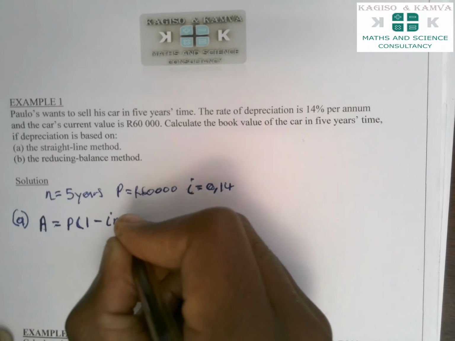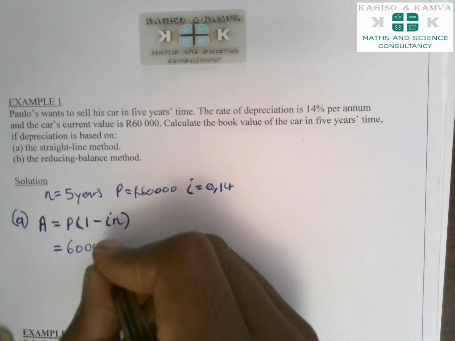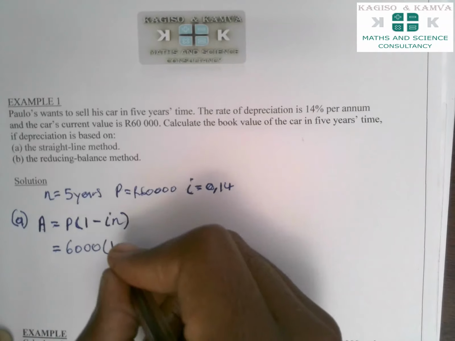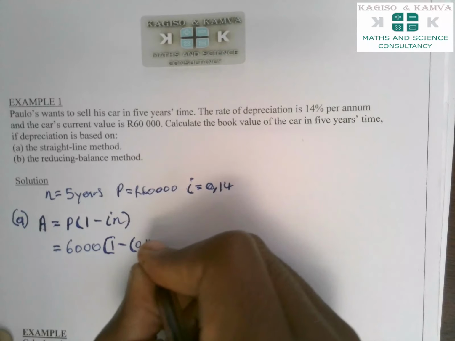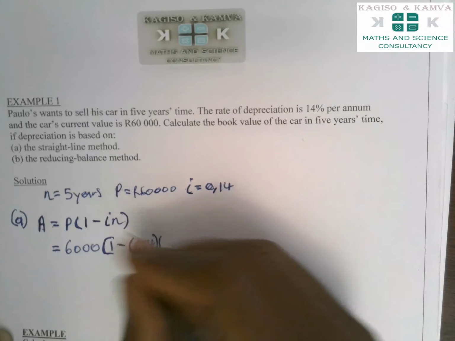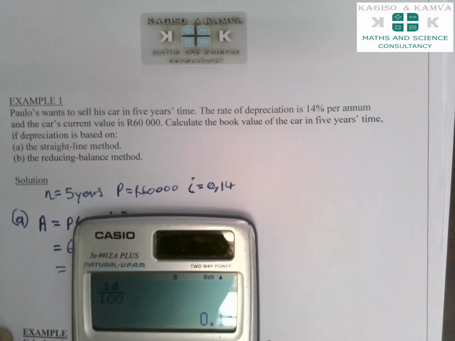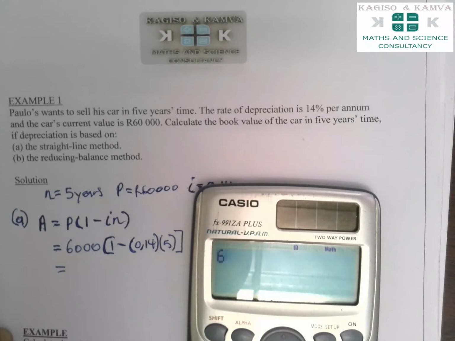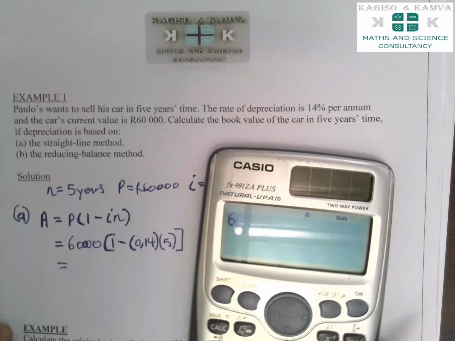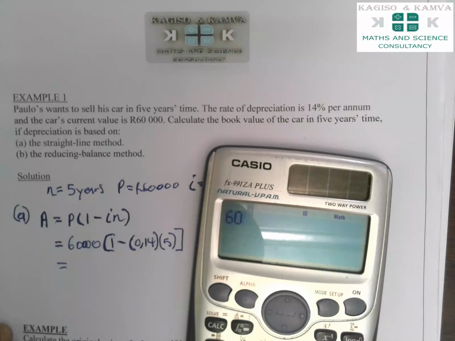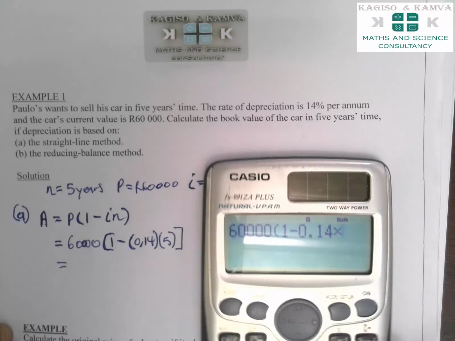I N. So this is going to be 60,000 into 1 minus 0.14 multiplied by 5 years, the time period. Then punch this in our calculator. We need another 0 there, so that it becomes 60,000 into 1 minus 0.14 multiplied by 5.